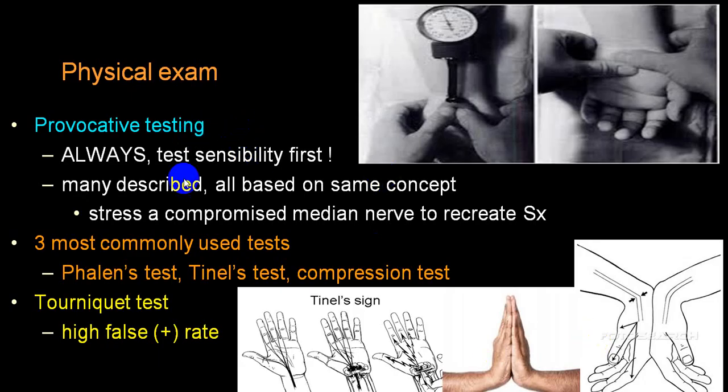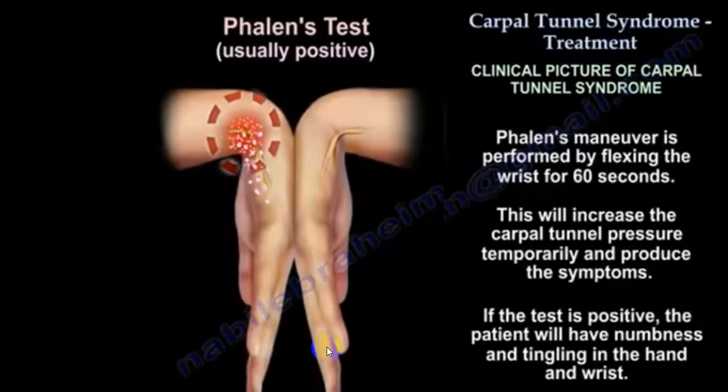Provocative tests will commonly be Phalen test, Tinel test, and compression test. And some people also utilize the tourniquet test, but the chances of false positives will be higher in that group. So usually the tourniquet test is not commonly utilized. The commonest tests utilized are Tinel test and Phalen's test. So we'll be showing you that.